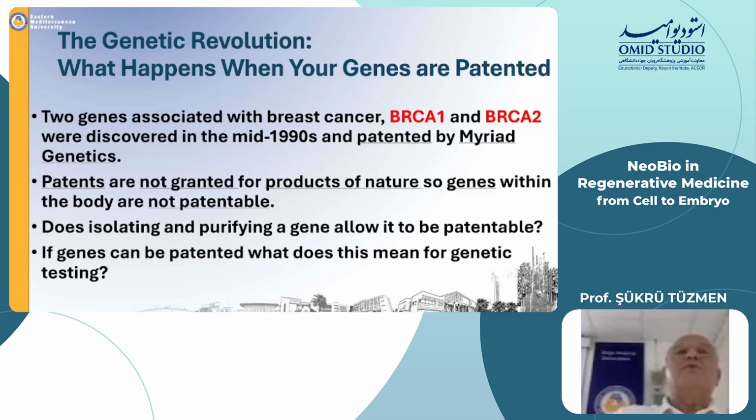They tried to patent two important genes which cause breast cancer, BRCA1 and BRCA2, but it was turned down, because genes that belong to every human being, which are products of nature, are not patentable.